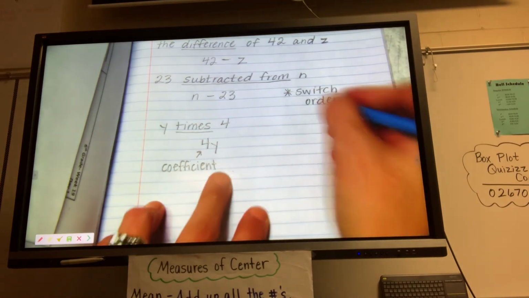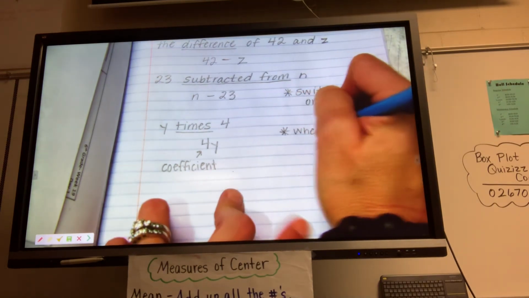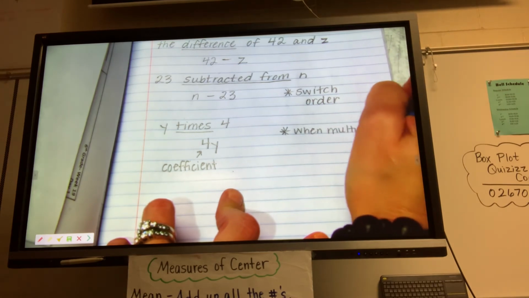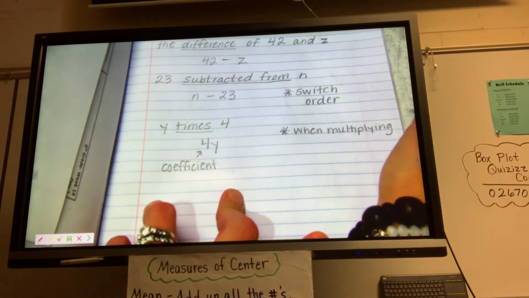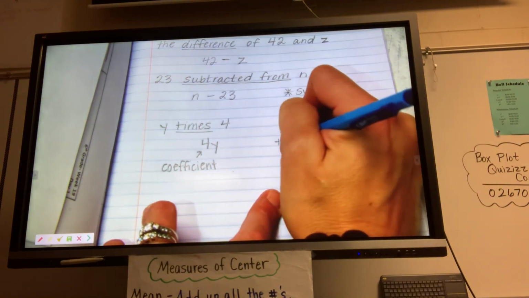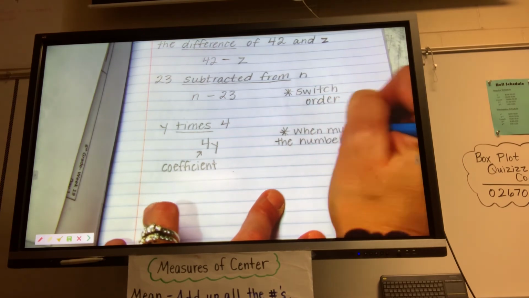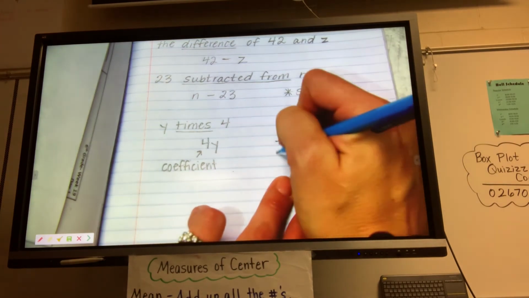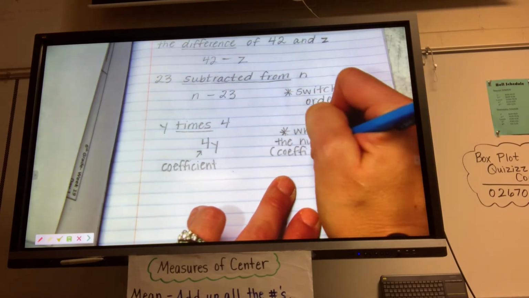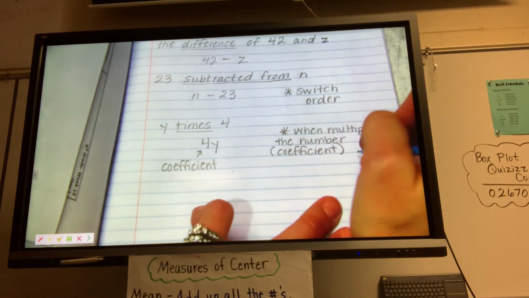So let's write that over here. When multiplying, the number, which is known as our coefficient, must come first.